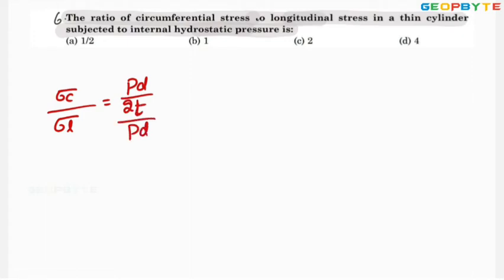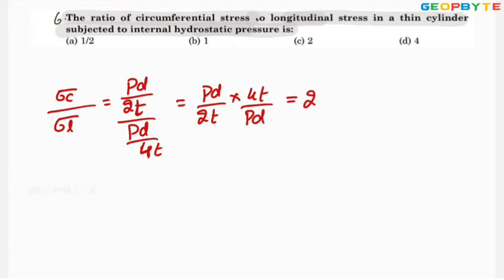Longitudinal stress PD by 4T. So finally it is PD by 2T into 4T by PD. It is equal to 2. Therefore, look at the options. Option C is absolutely correct. Let us go for the next problem.